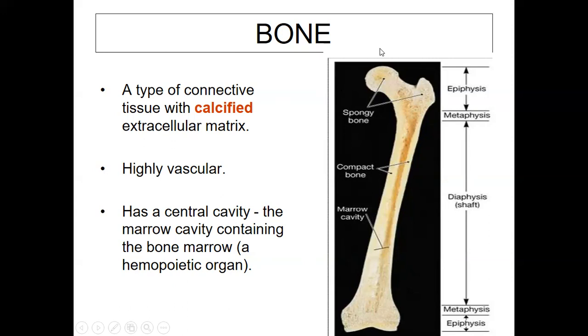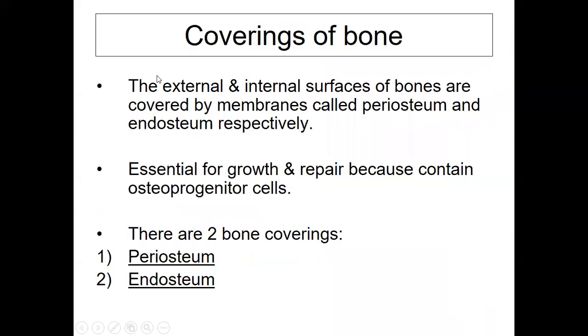I'm going to move to the next part of my lecture regarding the covering of the bone. The external and internal surfaces of the bone are covered by a membrane. Please remember this. This membrane is known as the periosteum and endosteum respectively.